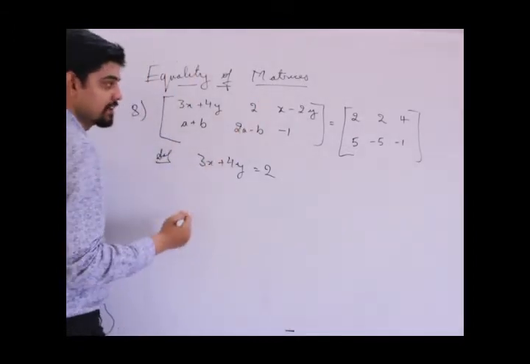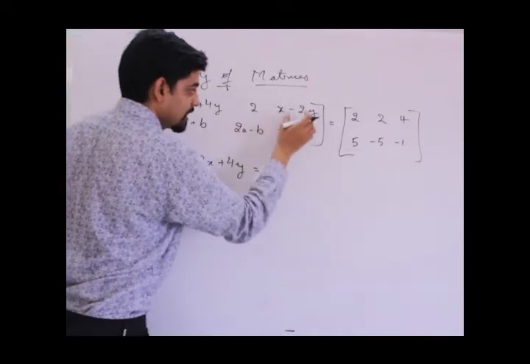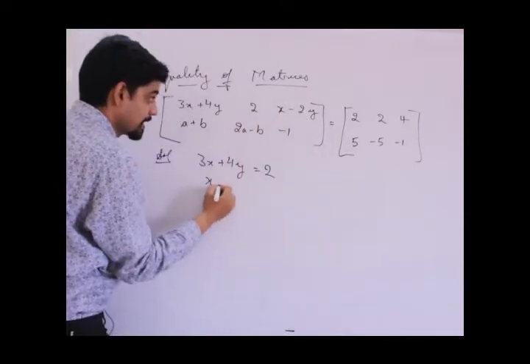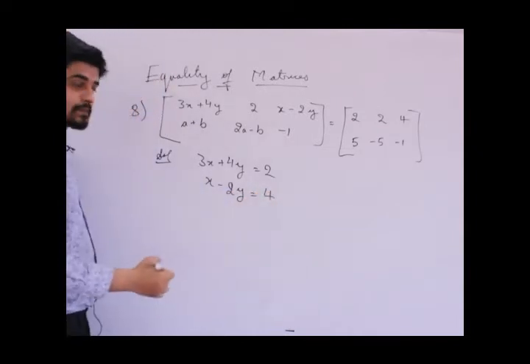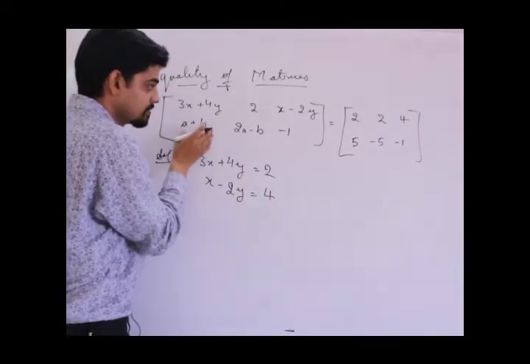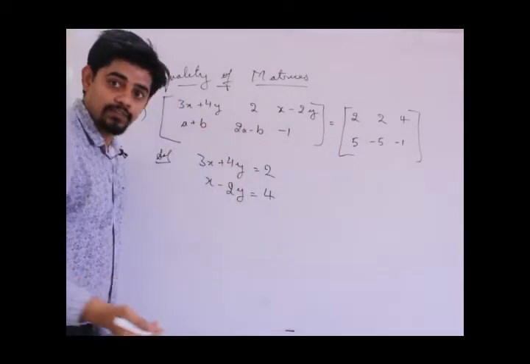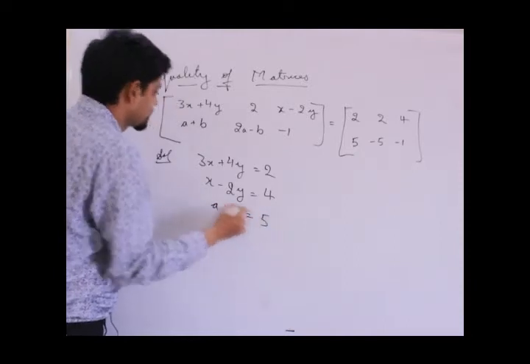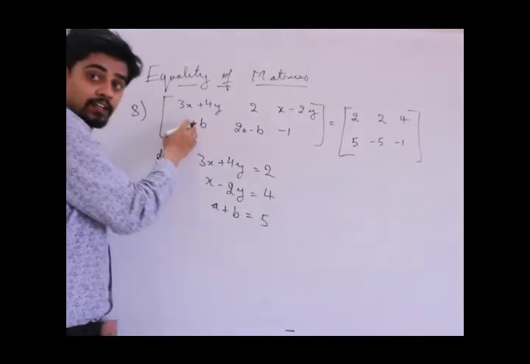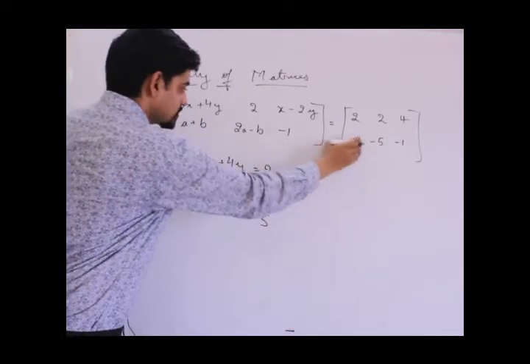Then coming on to the second, 2 is equal to 2. There is no equation. Then we have an equation, x minus 2y is equal to 4. Again we have two more equations. a plus b is equal to 5, the corresponding element. This element is in the second row, so this will be a21 and this is also a21.